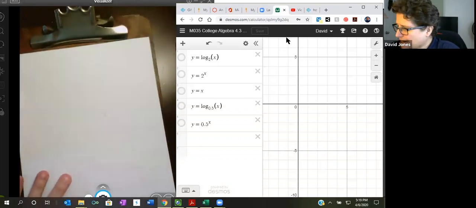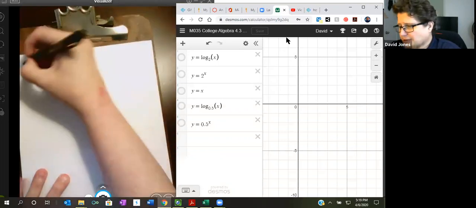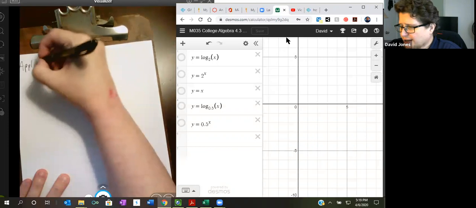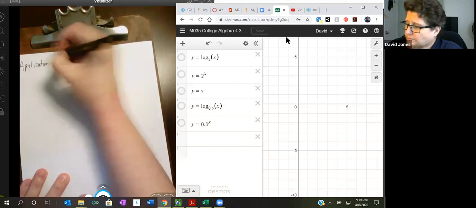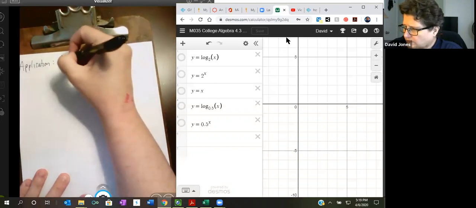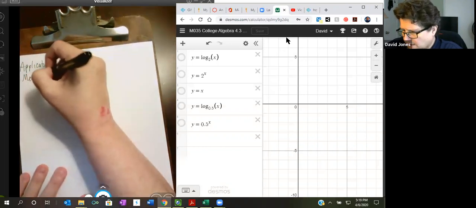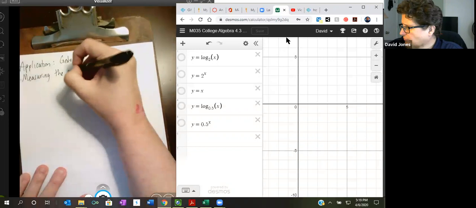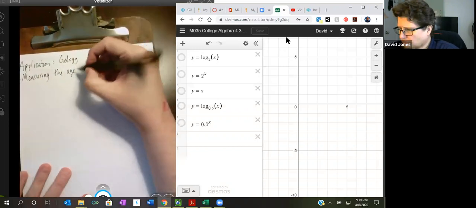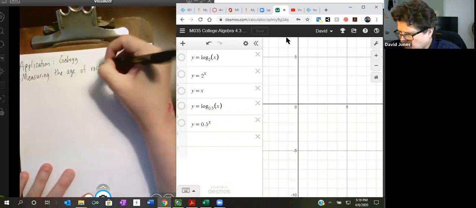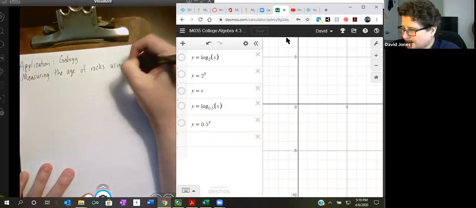It's measuring the age of rocks. So this is geology, using what are called atomic clocks.